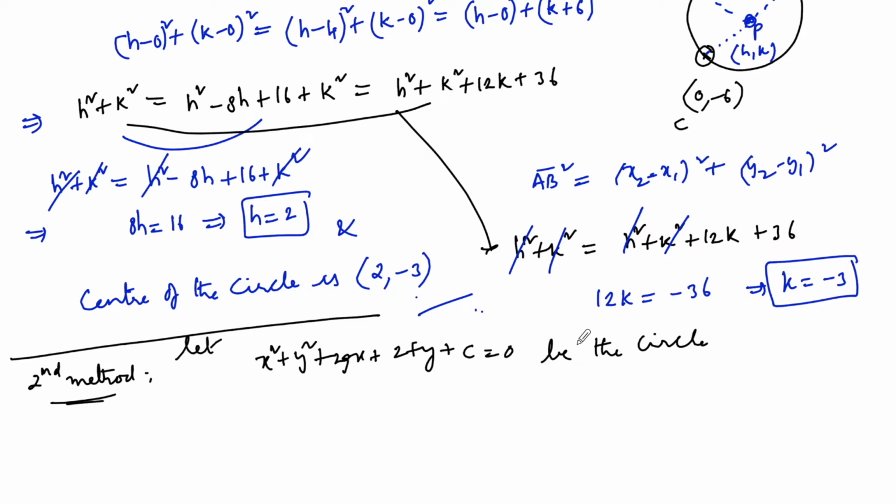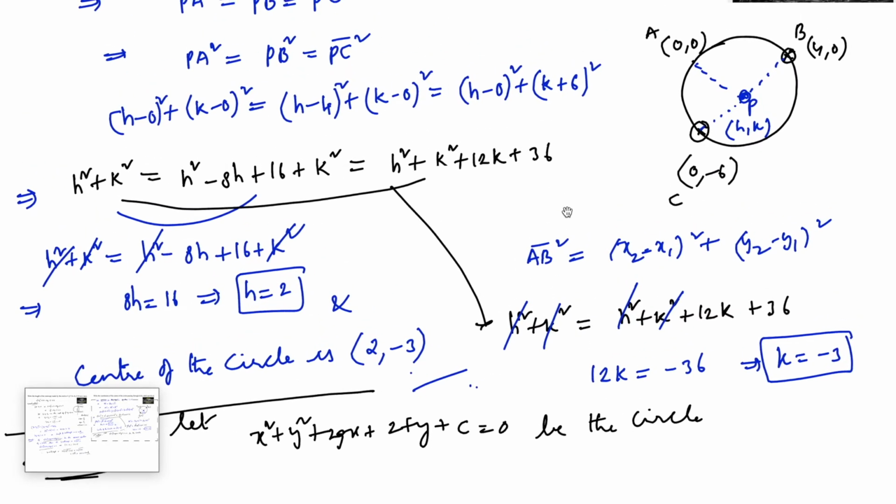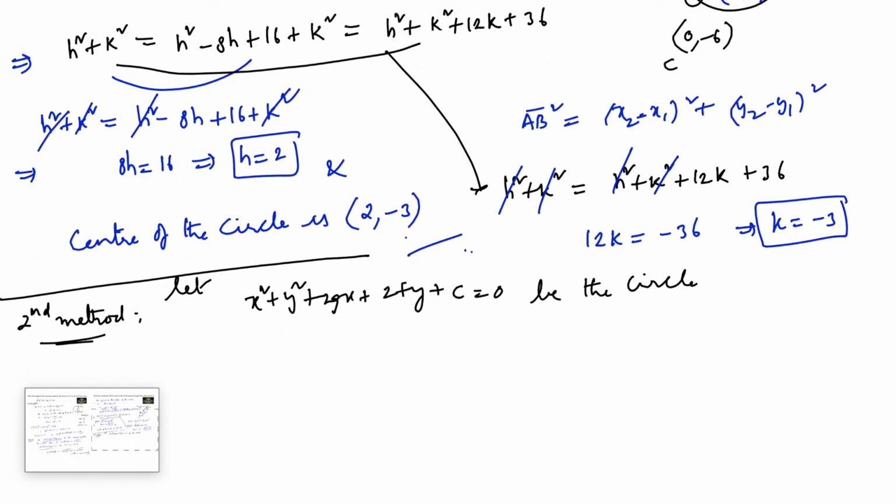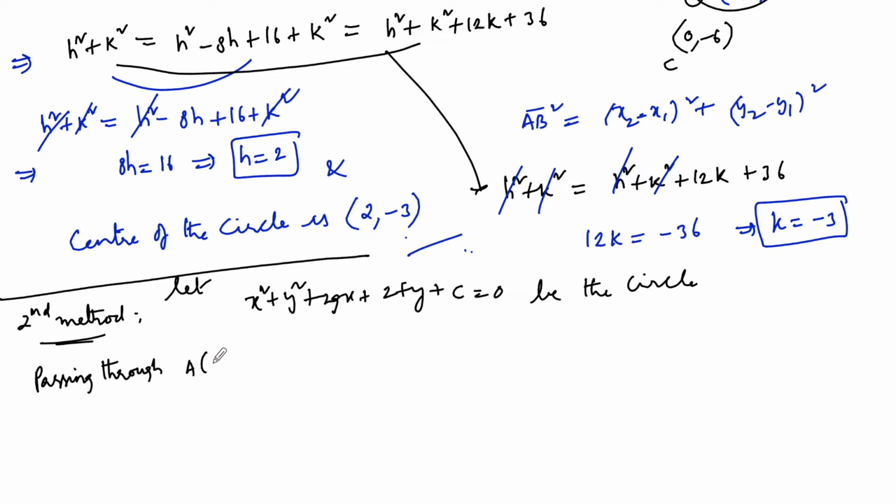So let us consider this x square plus y square plus 2gx plus 2fy plus c equals 0 be the circle, which is passing through 3 points. Passing through the point A (0, 0), which implies that 0 plus 0 plus 2 into g into 0 plus 0 plus c equals to 0. So it's very clear that c is equal to 0.